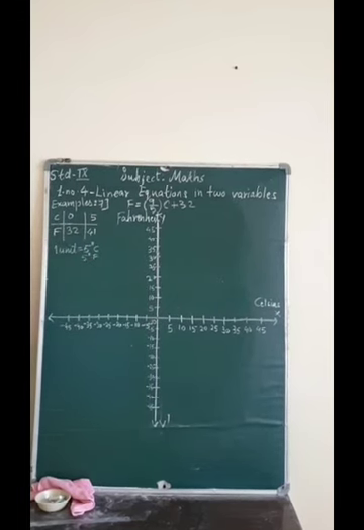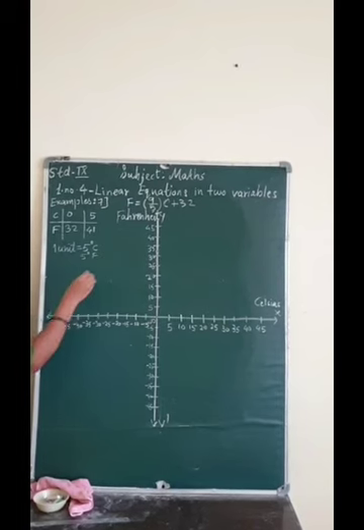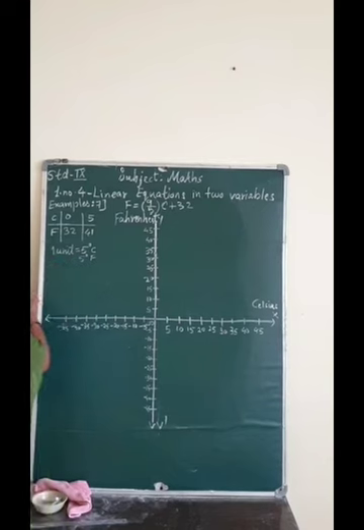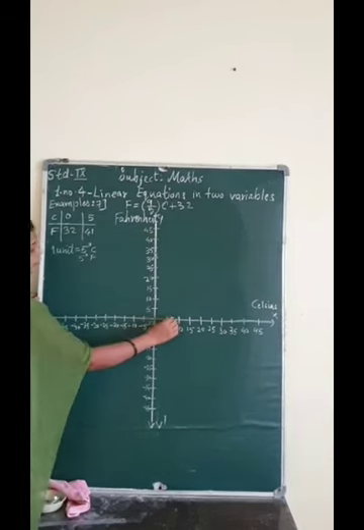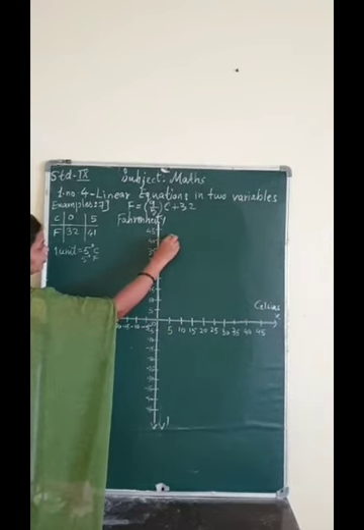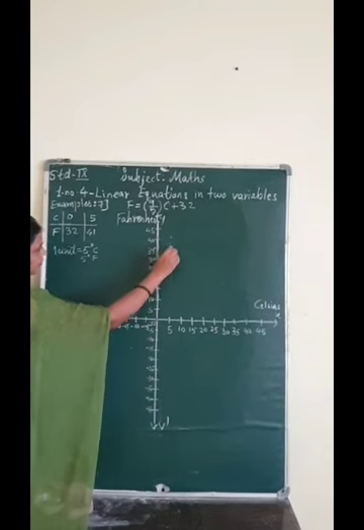Then (5, 41), so 41 immediately on the second line. So here we get (5, 41).